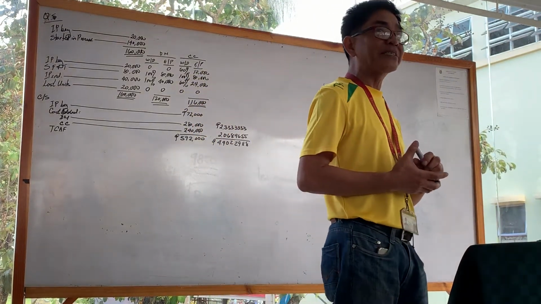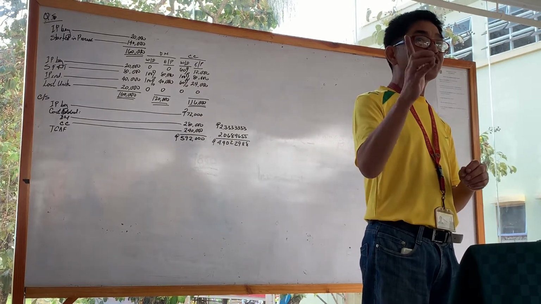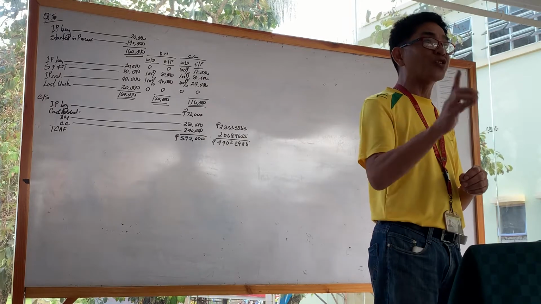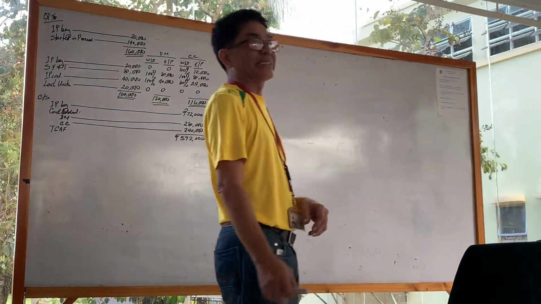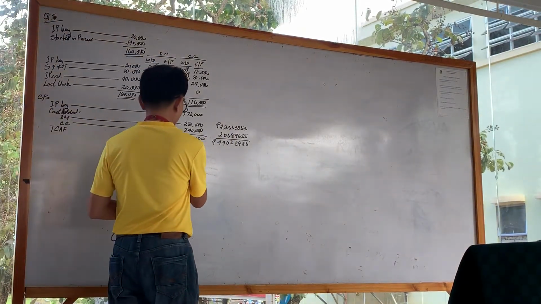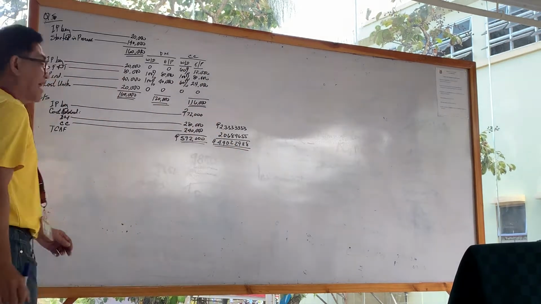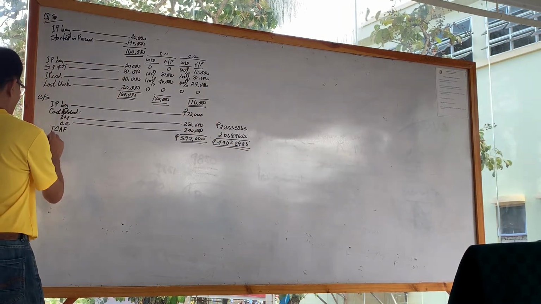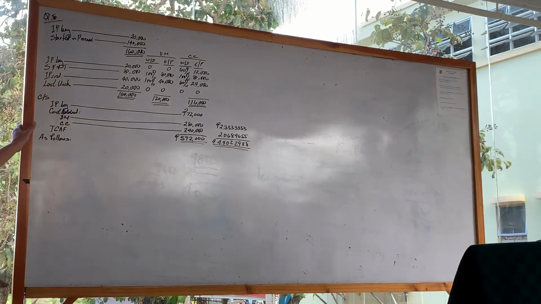Number 2, or letter B, says we are going to prepare the cost analysis schedule conventionally as if there is no lost units. Clear? Okay. So, continuing on, it is closed. Accounted as follows. Let's see if it balances.